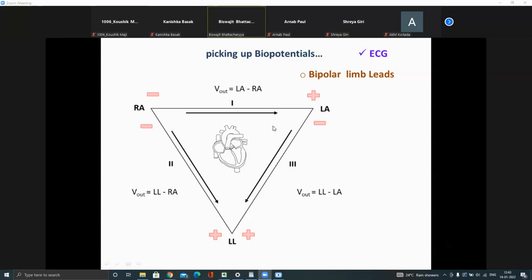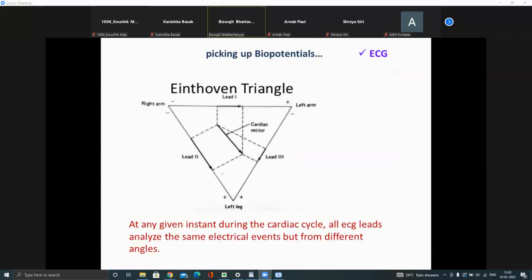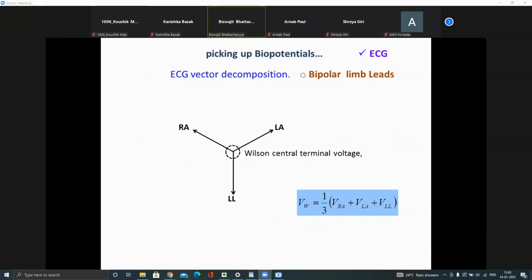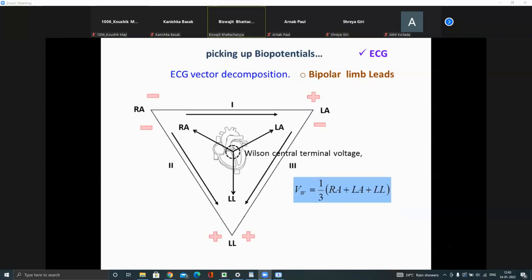These are extending with a 120-degree separation, and their midpoint is the average of the three voltages, which is located at the heart. So it is our Wilson central terminal voltage.